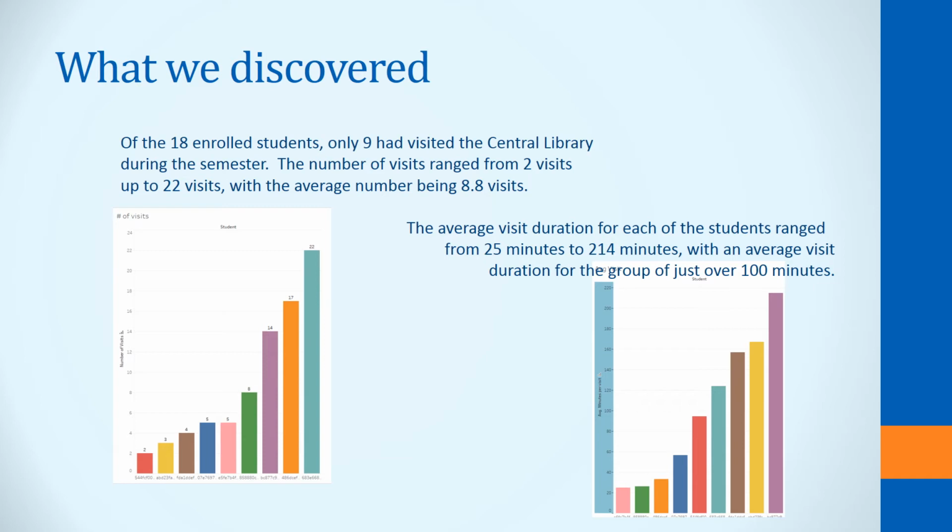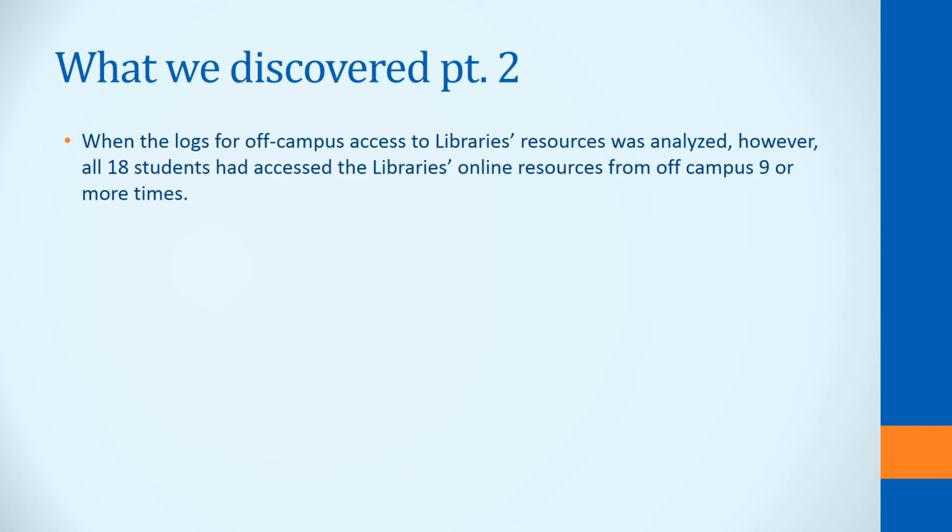It will be even more interesting to see how that correlates to grade. The other thing that we discovered when we analyzed the logs for off-campus access to our resources was that all 18 students had indeed accessed our resources from off-campus. The lowest number of logins was 9, and the highest number was more than 700.